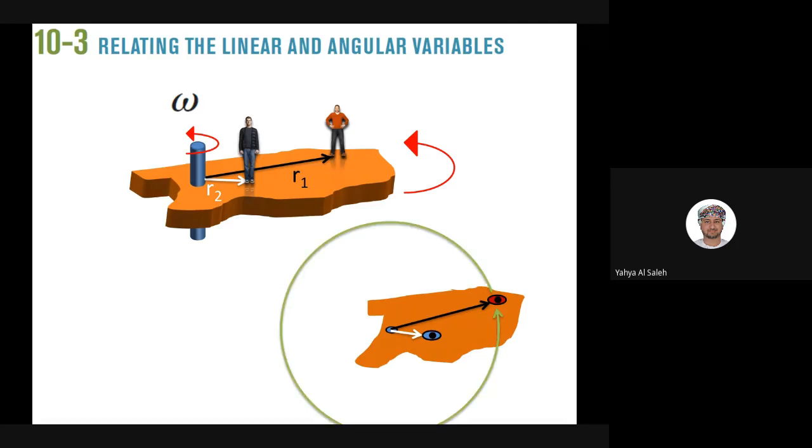But if we look at the circumference, at the linear distance each one of them moved, they have moved very different distances. While both of them have gone 360 degrees, the red guy has obviously moved way more distance than the blue guy. And things start becoming very weird here very quickly. Not only have they moved different distances, did they do it in different times or the same time?